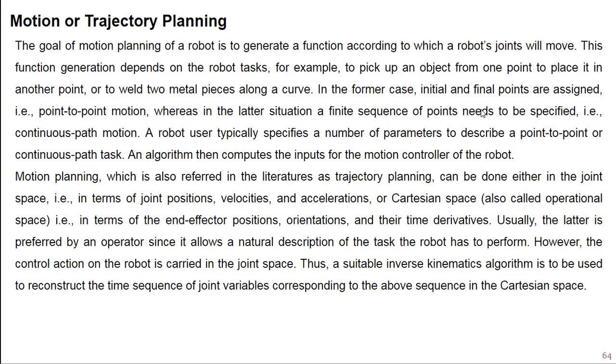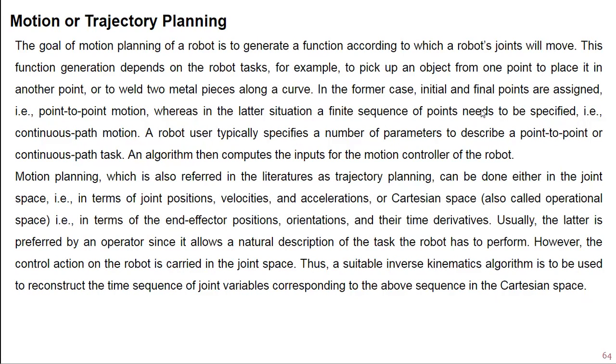For example, to pick up an object from one point to place it in another point, or to weld two metal pieces along a curve. In the former case, initial and final points are assigned, that is point to point motion, whereas in the latter situation, a finite sequence of points needs to be specified, that is continuous path motion.